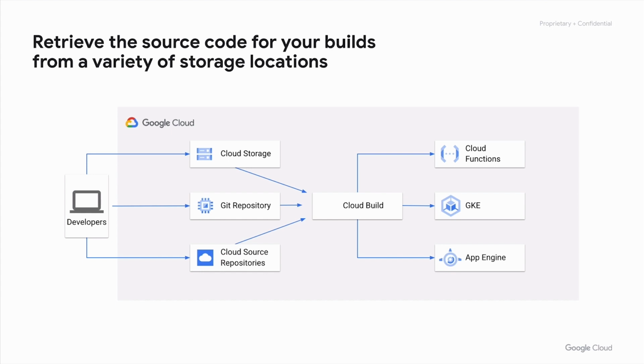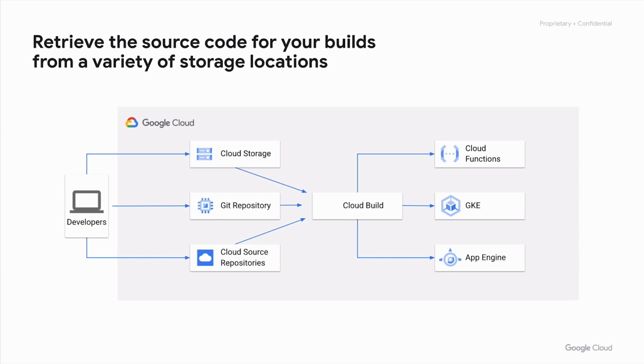So Cloud Build can retrieve the source code for your builds from a variety of storage locations: Cloud Source Repositories, Cloud Storage, which is Google Cloud's object storage service, or Git-compatible repositories like GitHub and Bitbucket. To generate a build with Cloud Build, you need to define a series of steps.